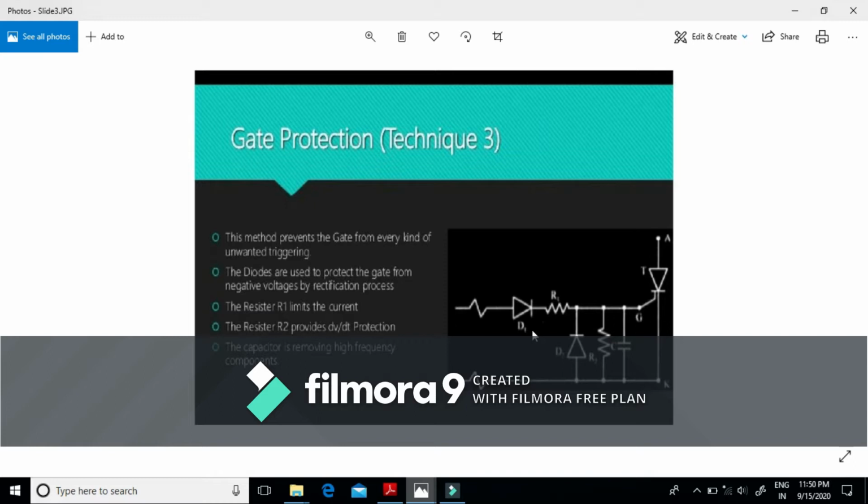Here the resistors are used to limit the current. Resistance R1 is used to limit the current, and R2 provides the dV by dt protection. Here one capacitor is used to remove the high frequency components. This is the overall gate protection scheme that we are using.